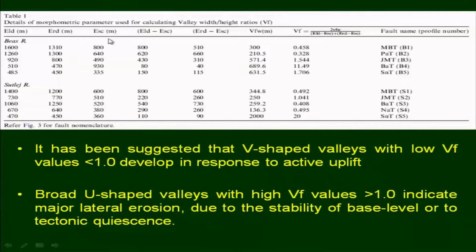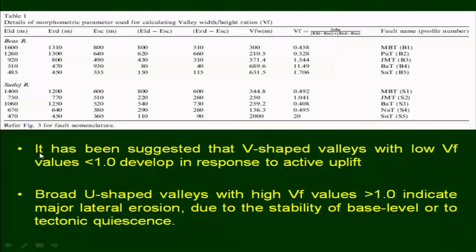Based on the equation you used, you can get the parameter, and then we have the Vf, that is the width of the channel here, and these are all the fault names which have been given here, and the values which we got are these here. Even in some places the value was almost 20, so this area is inactive.